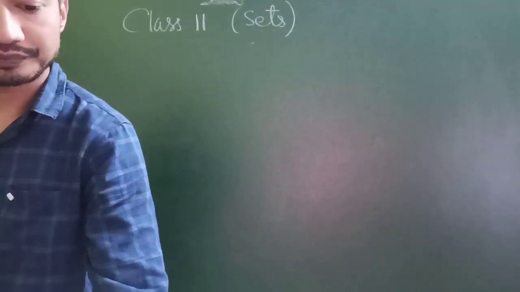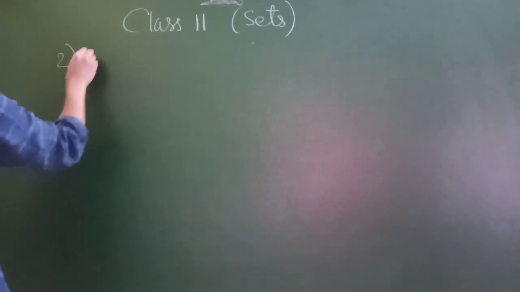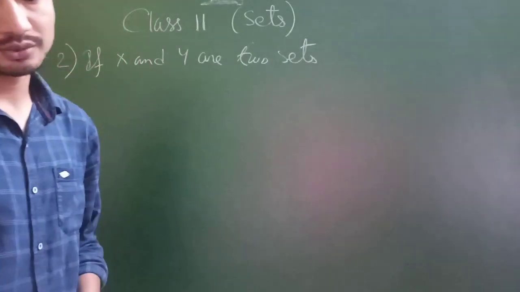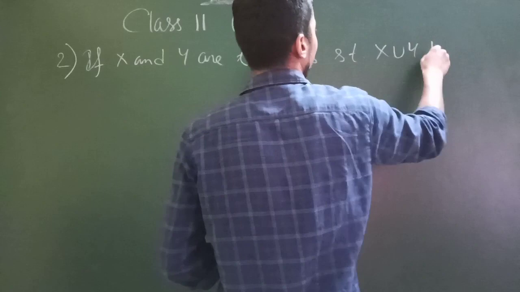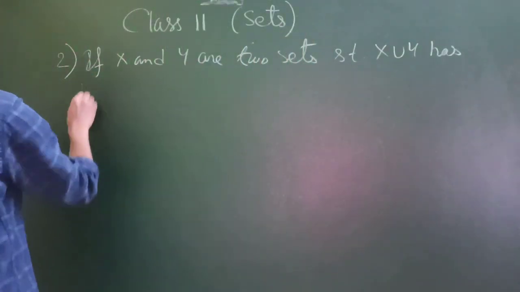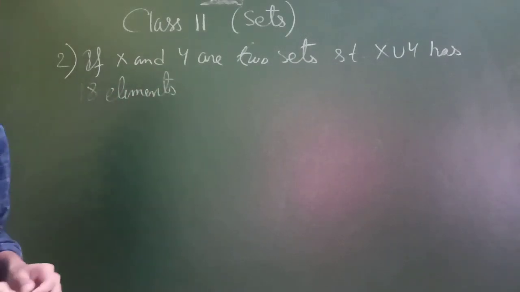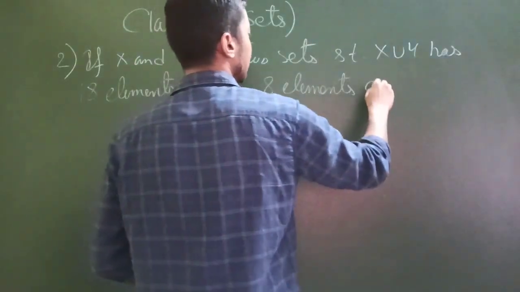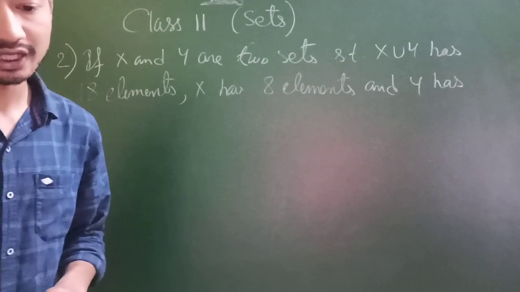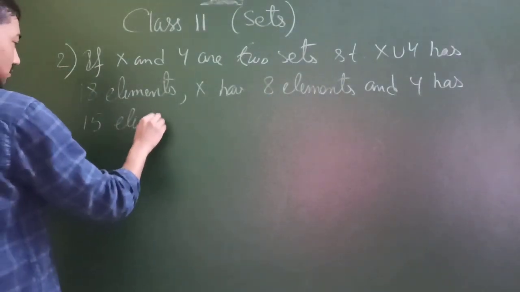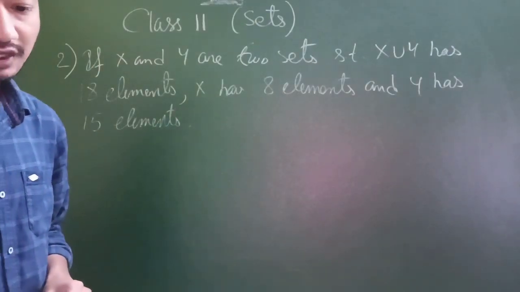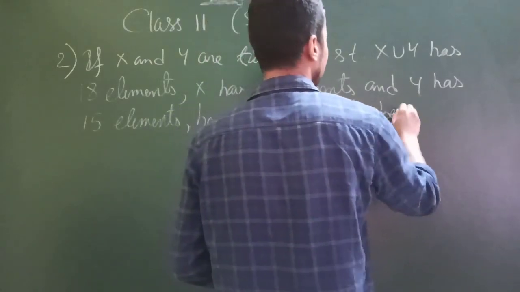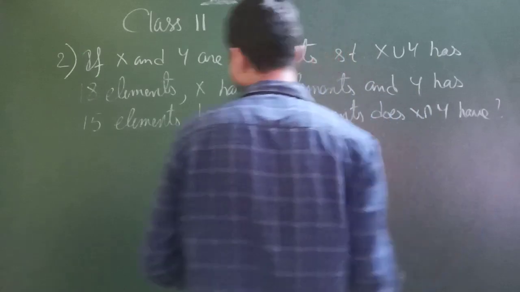The question says: if x and y are two sets such that x union y has 18 elements, x has 8 elements, and y has 15 elements, how many elements does x intersection y have? That's all, simple. So let's go for the solution.